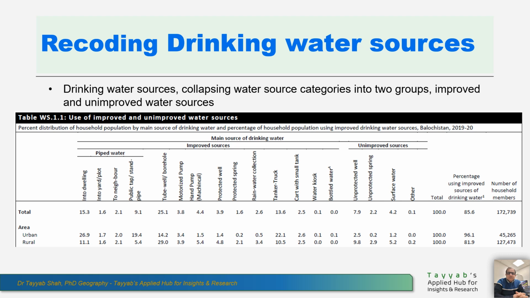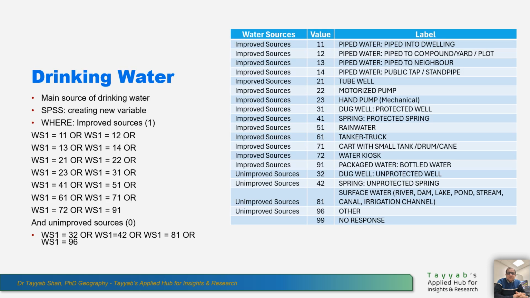So this variable basically has a list of these different options, and those are the actual values used when entering data in SPSS, and these are the labels describing these codings. By looking at these options and consulting the report, we come to know these four categories, 32, 42, 81, and 96, are the options which fall under the unimproved water sources.